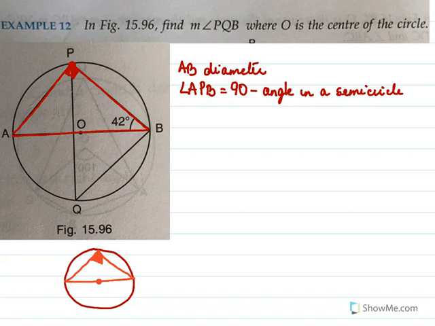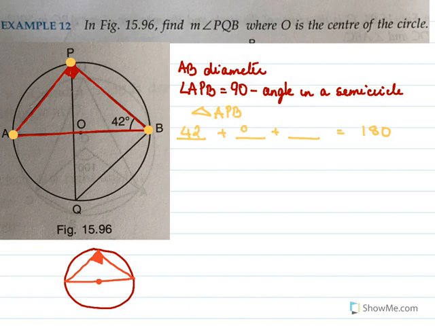Now if you look very carefully, you can see a triangle where two angles are given, and the triangle is APB. We know angle B is 42. We know this angle is 90. We need to find the third angle. So we take triangle APB, and the three angles equal 180.